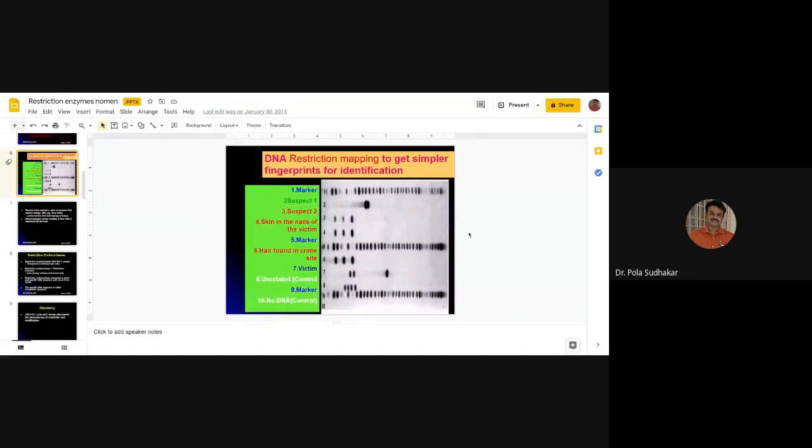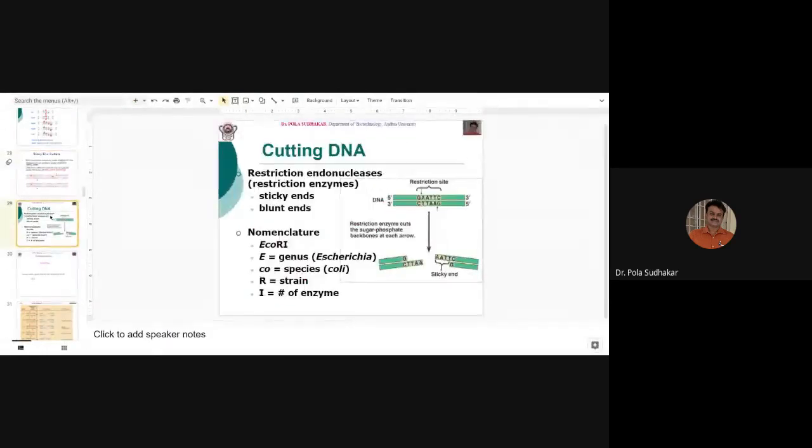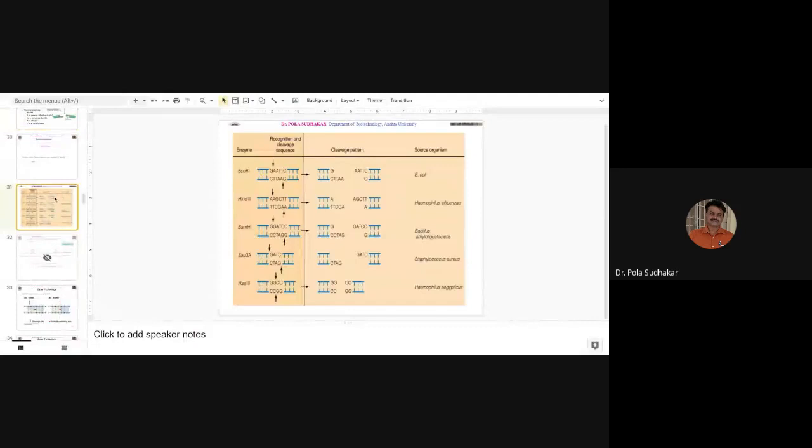Based on this, you can report. So this is called DNA fingerprinting. So this is about restriction endonucleases.